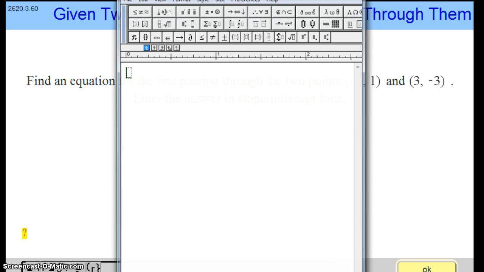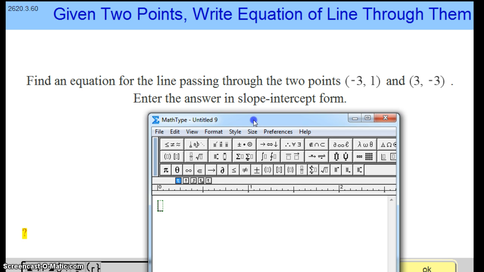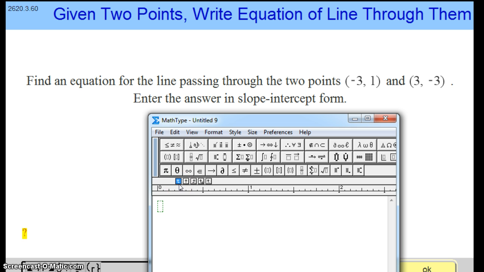So the first thing you should know is the definition of slope, right? It's rise over run, but typically, slope is the variable m.